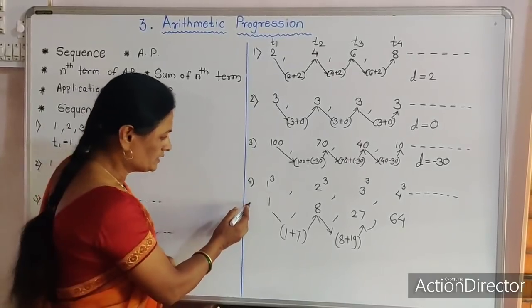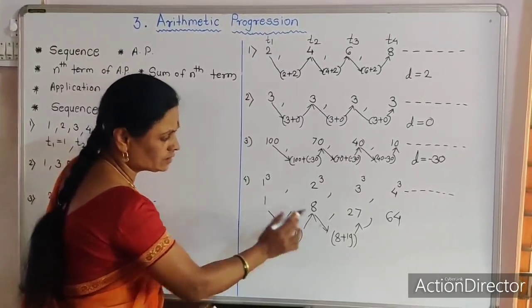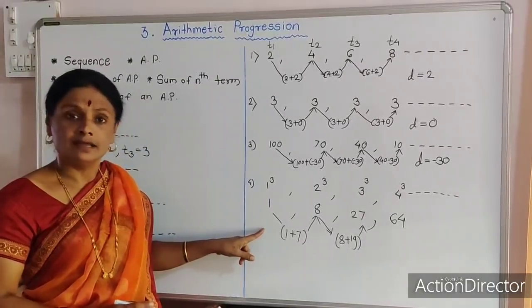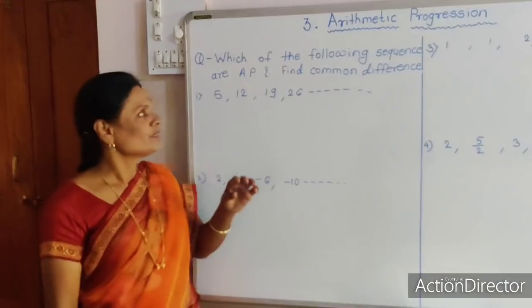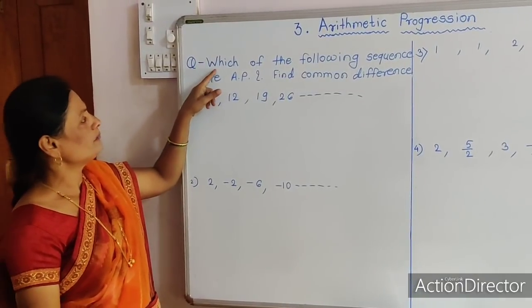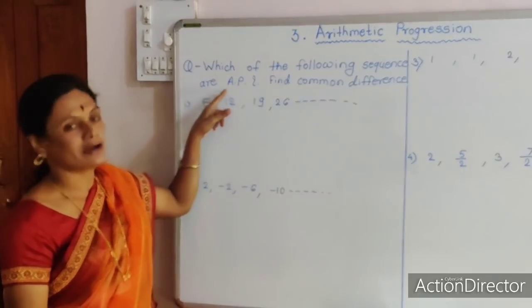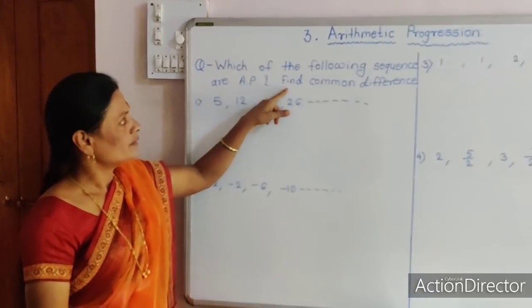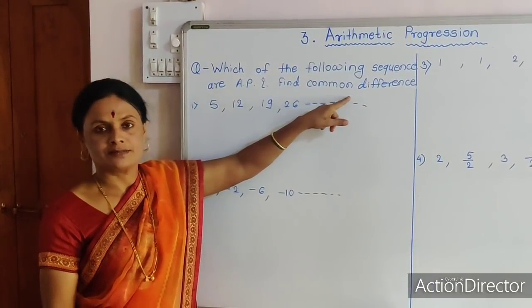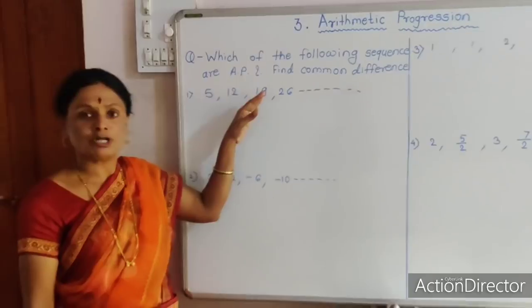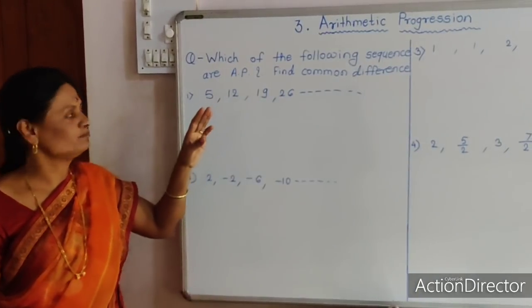And in the fourth example, the common difference is not the same, and therefore this sequence is not an AP. Now we take an example. Here the question is: which of the following sequences are an AP? Find the common difference. This type of question is asked in the board question paper for 1 mark.